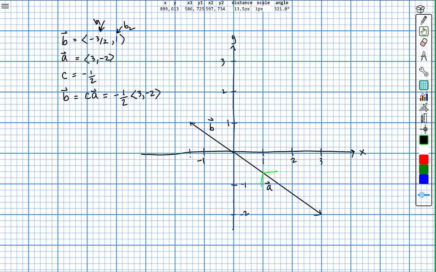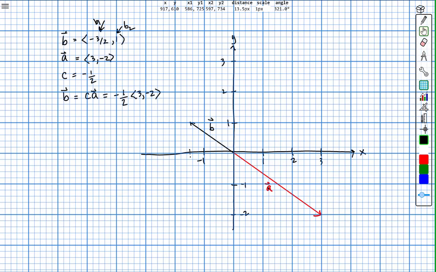So notice how vector A and vector B are in opposite directions. And so I could take vector A and kind of move it. Notice how we would call this anti-parallel. So vector A and vector B do lie along the same line. Earlier I said parallel, but probably more precisely we would say these two vectors are anti-parallel.